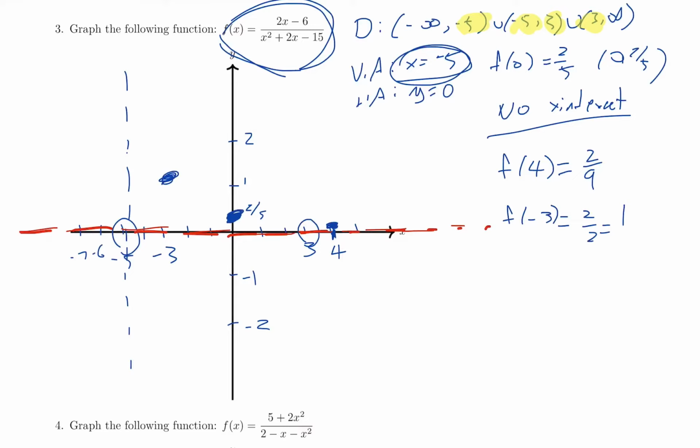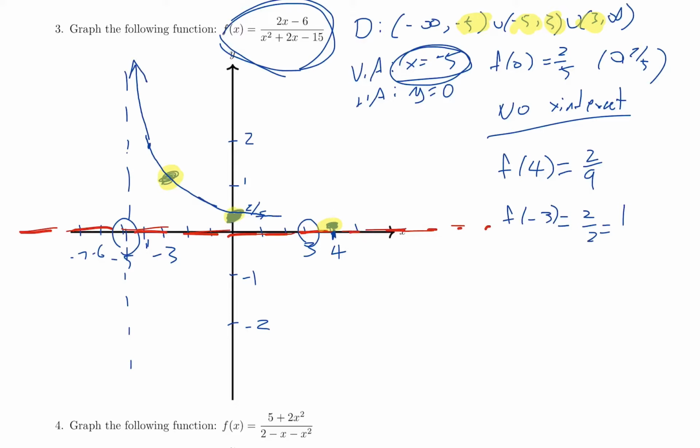Now let me highlight this. We have 3 points on the right side of the vertical asymptote. If we connect these, we can see the trend: the graph will go this way. So as x approaches negative 5 from the right side, it goes to positive infinity. You can also verify by plugging in negative 4. The horizontal asymptote means that as x increases, the y value goes toward 0, like this.